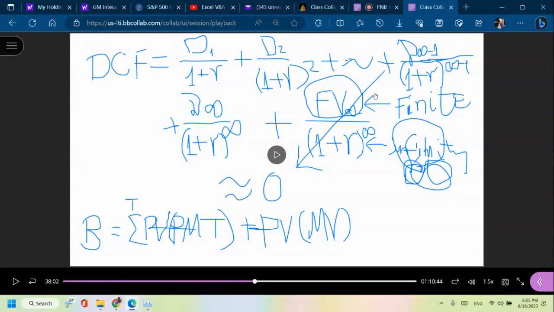Finite quantity. On the other hand, the denominator, which is slightly greater than 1 raised to infinity, will be an infinitely large number. So obviously, a finite number divided by an infinitely large number will be close to 0. Just meaningless. So it drops out.